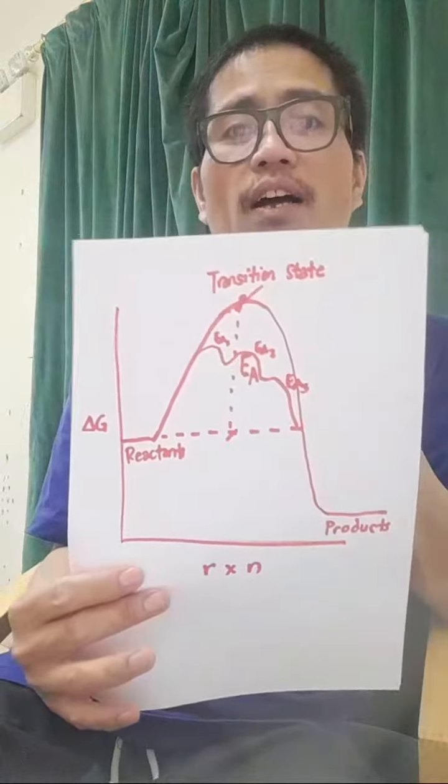So, we have activation energy 1 here in the first curve, and then the second curve, activation energy 2, and the third curve, activation energy 3. Okay? Simple algebra.